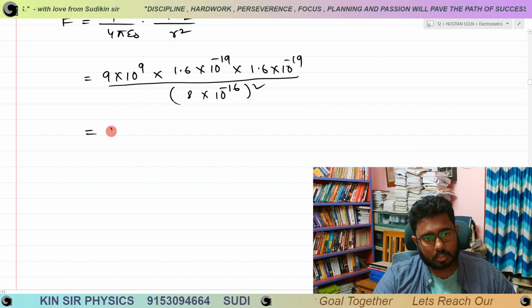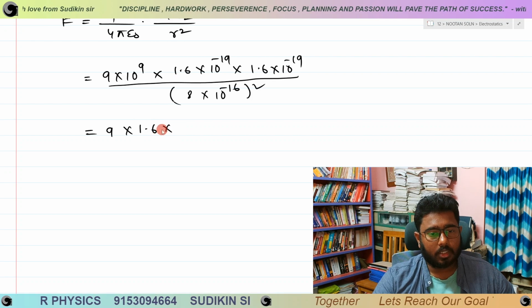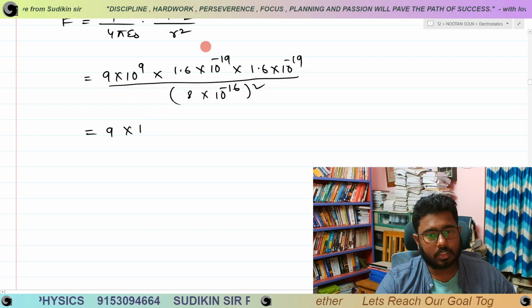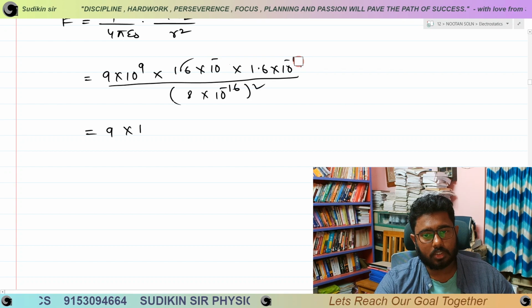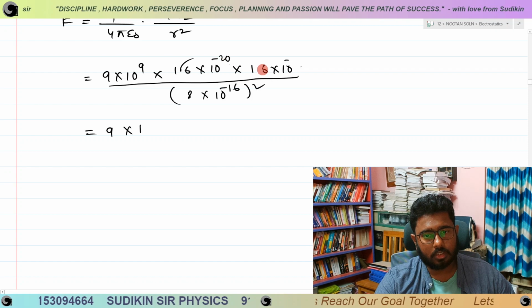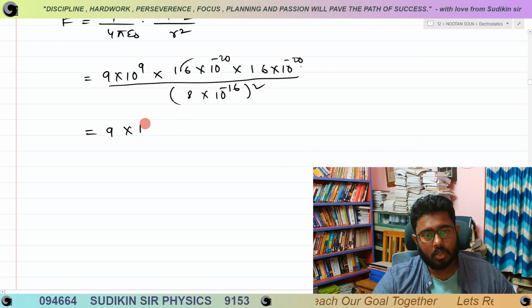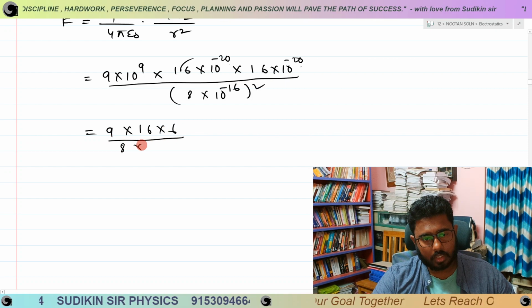So we get 9 into 1.6, okay, let us cut out this one also. 1.6 can be written as 16 into 10 to the power minus 20. So we can write them as 16 into 10 to the power minus 20, that will be easier. So 9 into 16 into 16 divided by 8 square, which is 8 into 8.